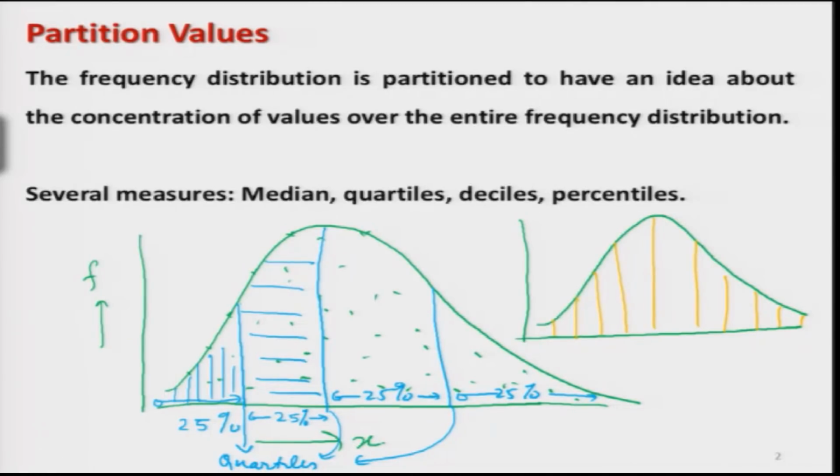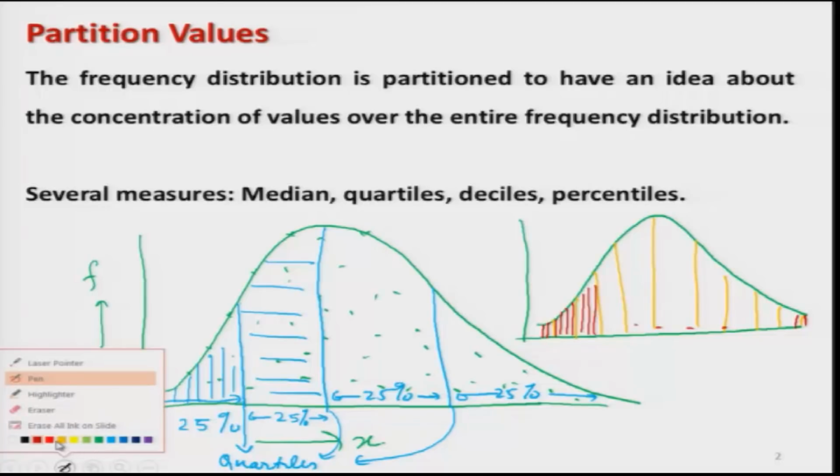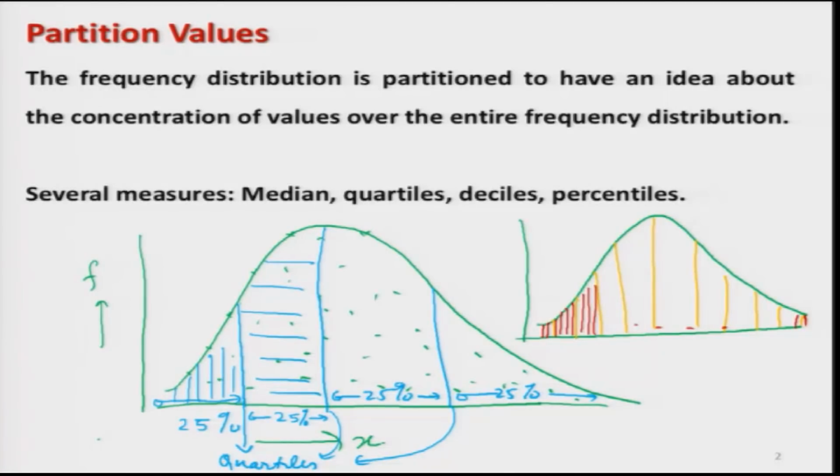For example, if I want to partition it into 100 equal parts, 1, 2, 3, 4, 5, 6, 7, 8, and so on up to here, there will be 100 such partitions. It is also not necessary that these partitions have to be of the same length, they can be of different lengths.